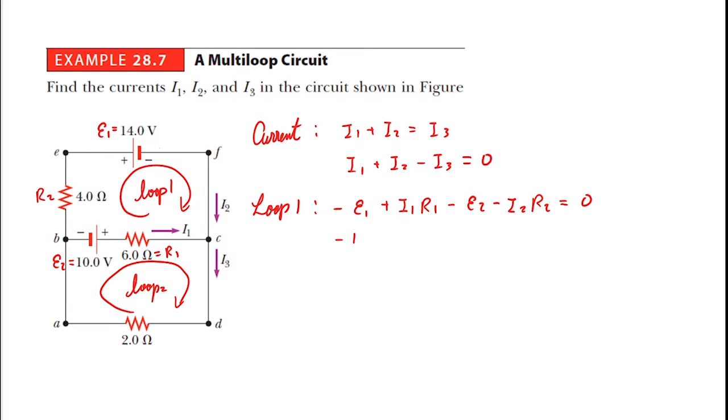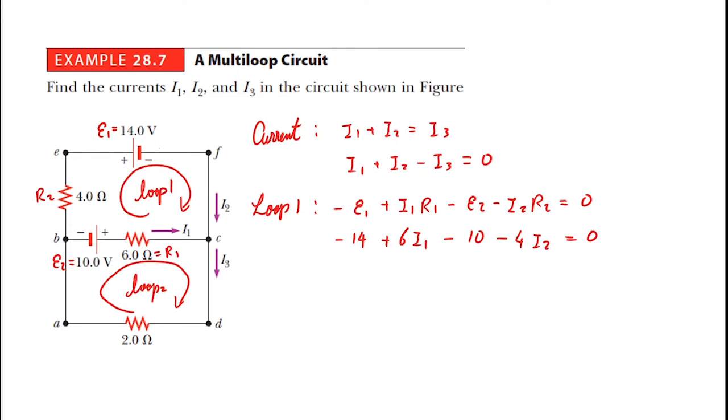So far, so good. Let's plug in the numbers. So this is negative 14. We'll drop the voltage sign and sig figs for simplicity, for our sanity. And I1 and 6. So we have plus 6 I1. Good. And then minus 10. And then minus, this is 4 I2.